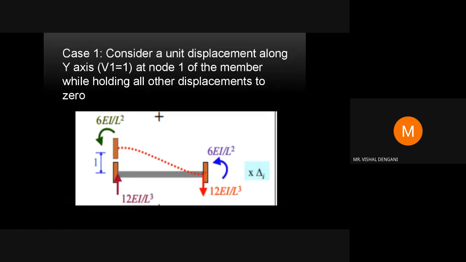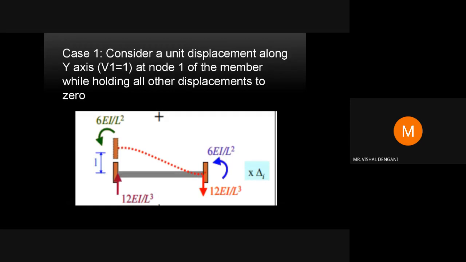As you studied in the slope deflection method, if there is a displacement at any one end of the member, the moment produced at both the ends is 6EIδ/L².